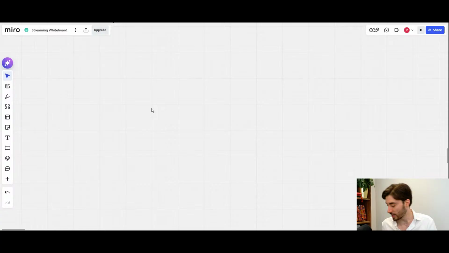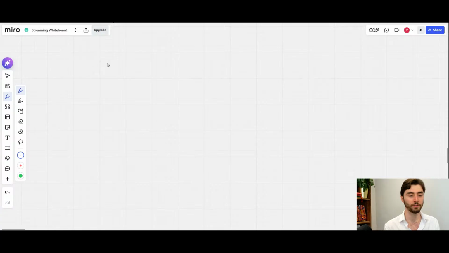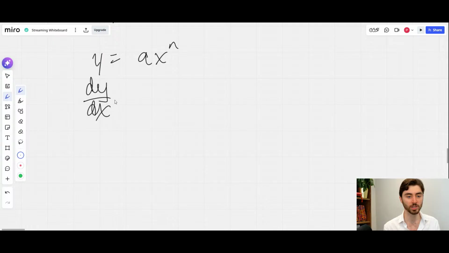Right, so what is integration? It's the reverse of differentiation. So for instance, if y is equal to ax to the n, we saw when we differentiate, we bring the power down and then we subtract 1 from the power. Integration looks like this.